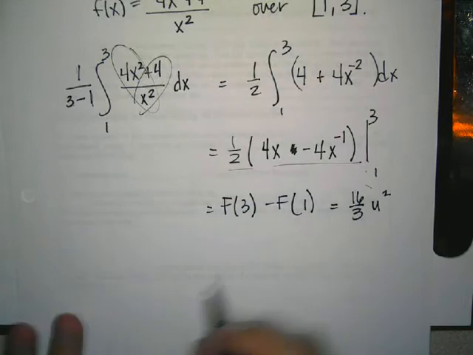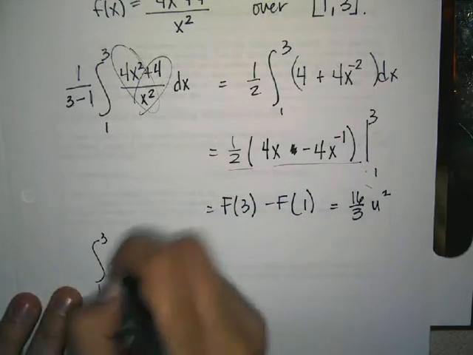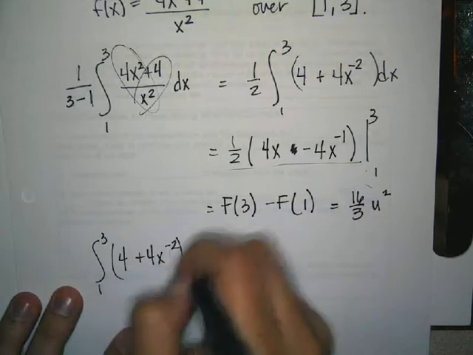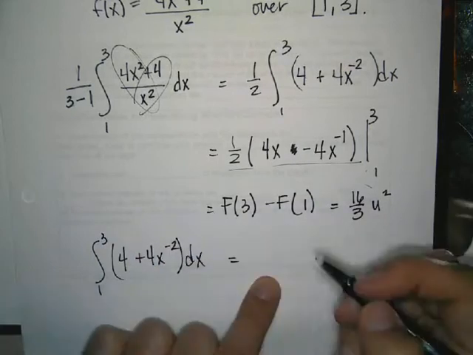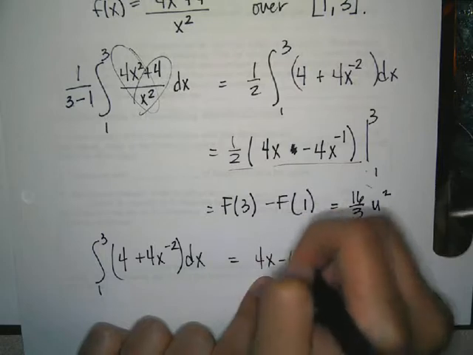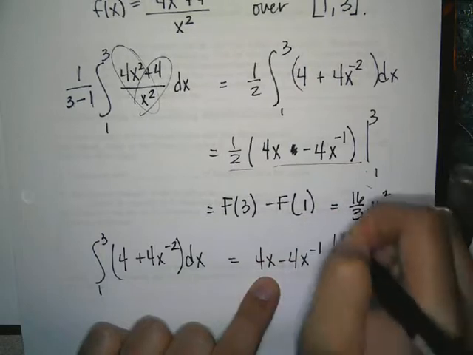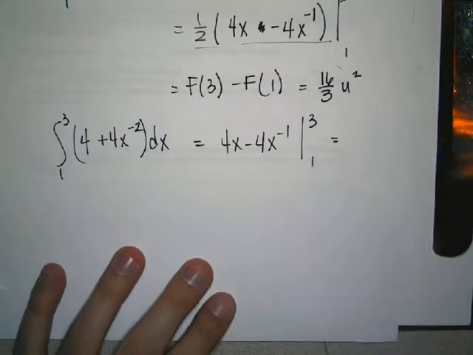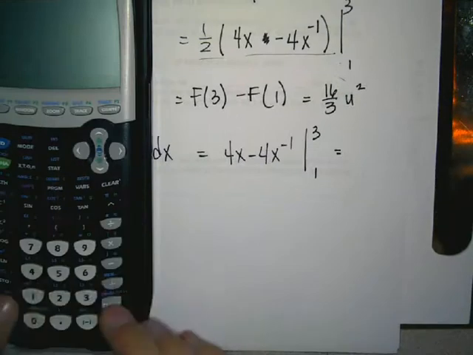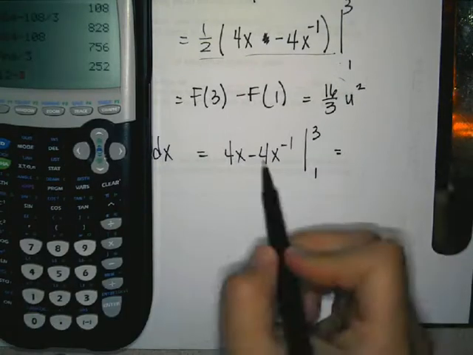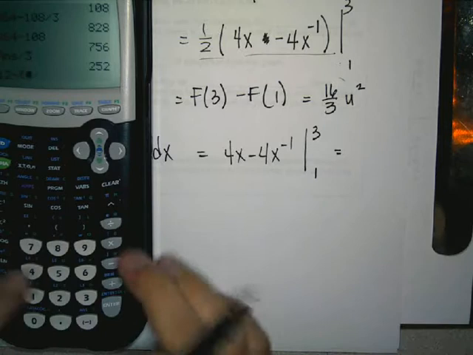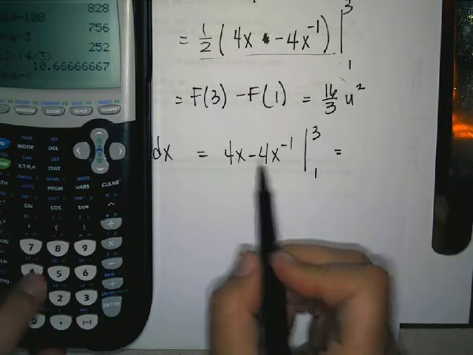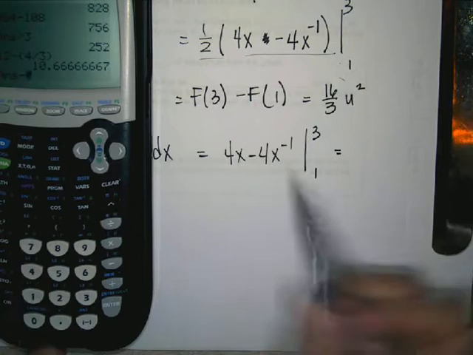Again, the other way that you can look at it, if we use the simplified version here, is that you integrate first, punch it out. So if I punch it out, I get 12 minus 4/3 and subtract 4 minus 4, so 0.